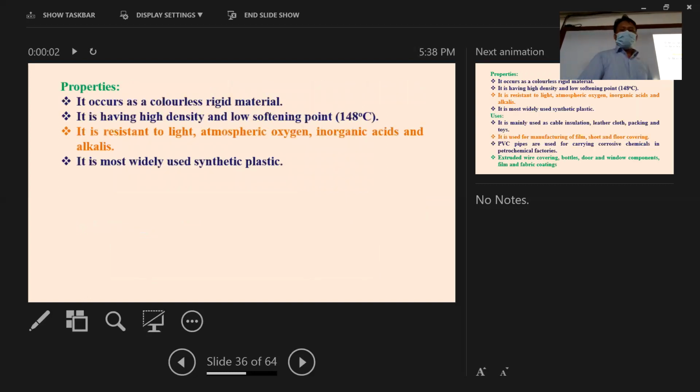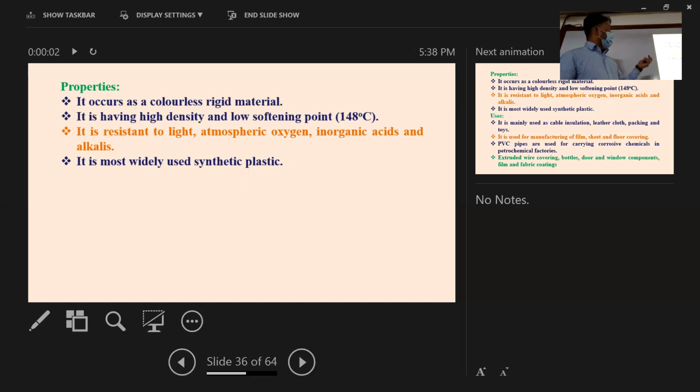What are the properties of polyvinyl chloride? It occurs as a colorless rigid material. Normally, we can have different types of pipes or doors or colorful hard chairs or other things. In that case, we can change the color by adding some additives or colorants.